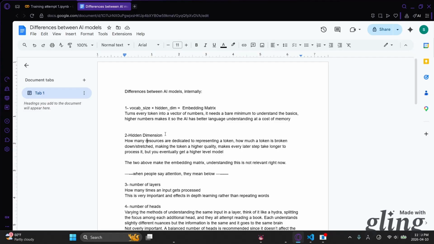Okay, hidden dimension. This is basically the analogy I made before. It's the quality of representation that you give to a token. The higher the hidden dimension, the more pixels you have in your token, if I had to describe it.